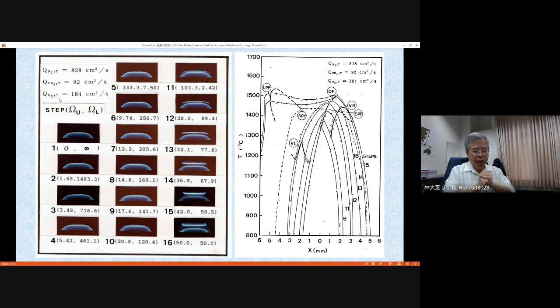Simply put, initially you have a diffusion flame, fuel coming from the lower burner, oxygen coming from the upper burner, mixed well with additional nitrogen to fix the stagnation plane at the same position. Now the experiment starts from the diffusion flame. We bring certain fuel to the upper flow, and oxygen from the upper burner to the lower burner.